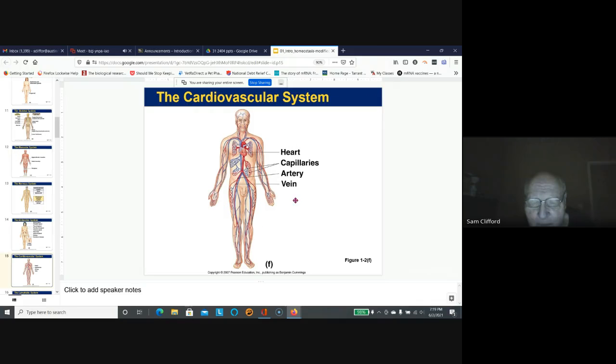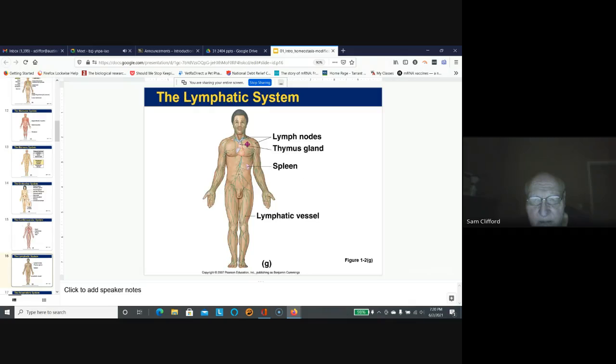The heart pumps blood around the body to supply oxygen, pick up waste, pick up CO2, and the blood is constantly nourishing, supporting all of the cells in the body.